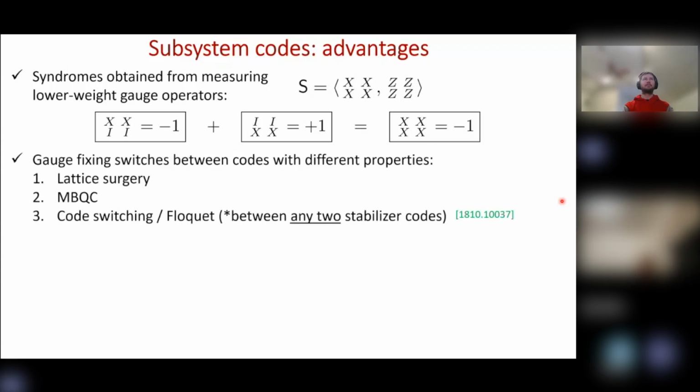Another thing is this idea that you have these kinds of codes where you've assigned some of the qubits to be gauge and initialize them in plus, minus, x, y, z eigenstates.